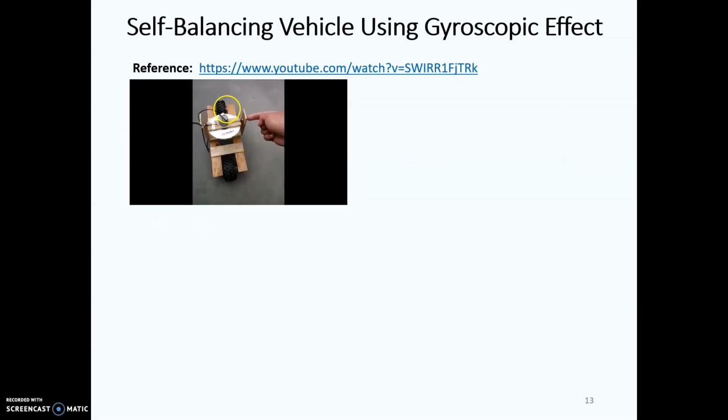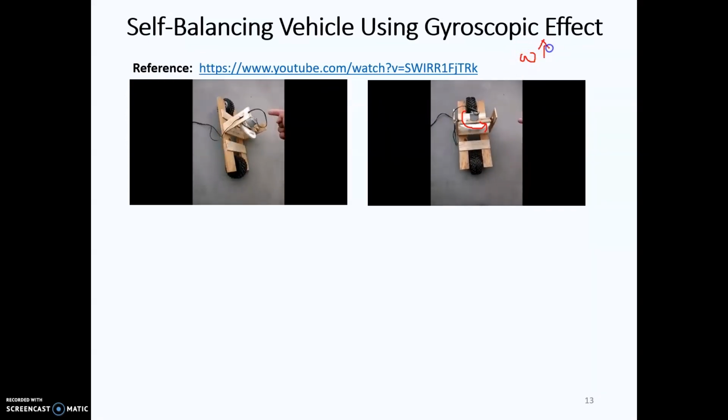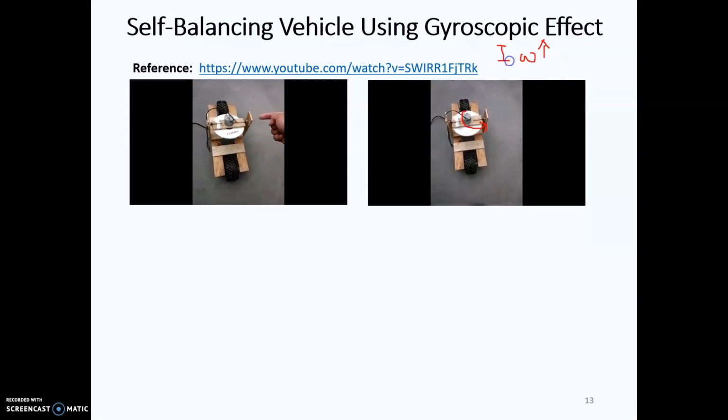In this case, you have a two-wheel vehicle that can easily fall down due to an external force or torque. You can provide stability to this system by having a spinning device here. If the spinning device is rotated with high angular velocity or high mass moment of inertia, then the angular momentum of this spinning will be high as well.